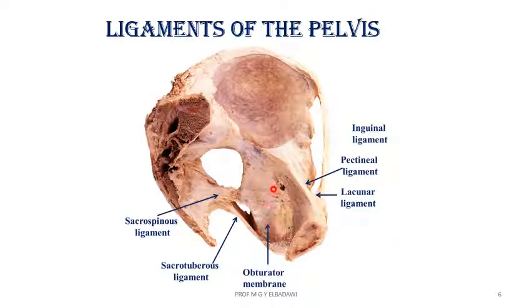That is the obturator membrane here, and this should be the obturator canal, which will transmit the obturator nerve and vessels. Clearly, this is the greater sciatic foramen, and this is the lesser sciatic foramen. That's a good cadaveric specimen.